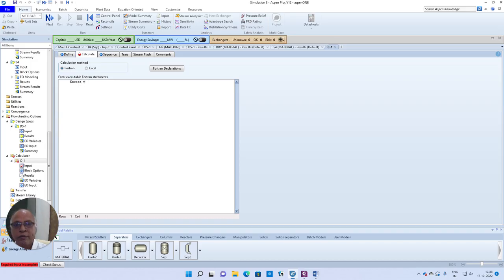Excess can be written as: we know the actual air that is coming in, which we have obtained from Aspen, and I know the theoretical oxygen required. So this is 375 divided by 0.21. Of course, you can calculate and put that value, divided by 375 divided by 0.21, whatever is the actual amount of excess air used. We need to multiply this with 100 in order to get percent excess.